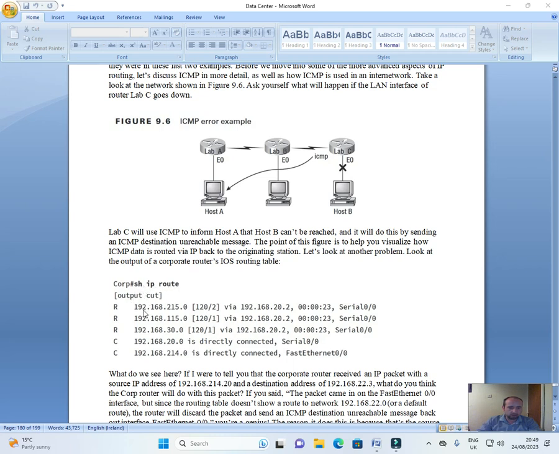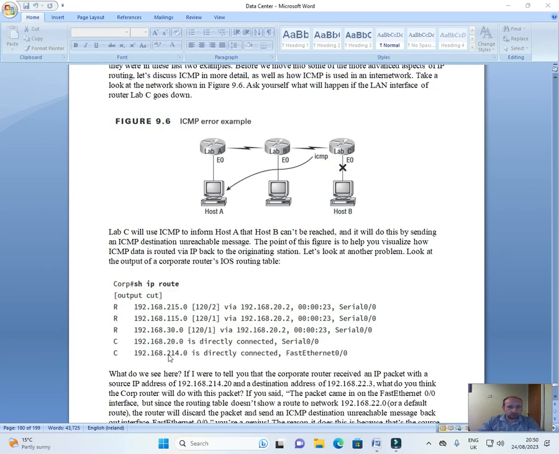Show IP route output cut. 192.168.215.0/24 via 192.168.20.2, 00:00:23, Serial 0/0. 192.168.115.0/24 via 192.168.20.2, 00:00:23, Serial 0/0. 192.168.30.0/24 via 192.168.20.2, 00:00:23, Serial 0/0.